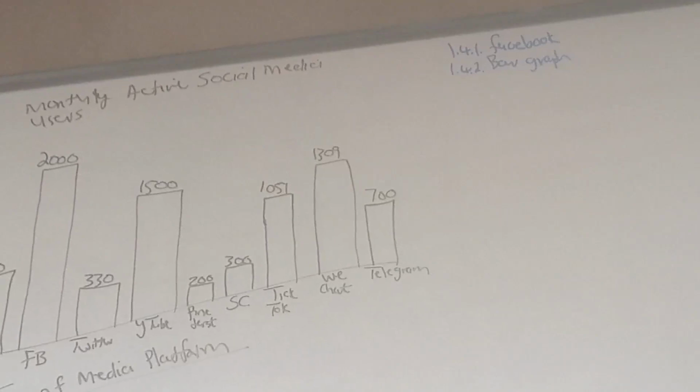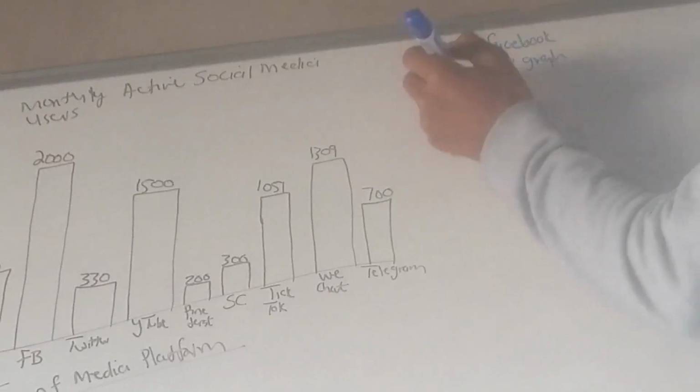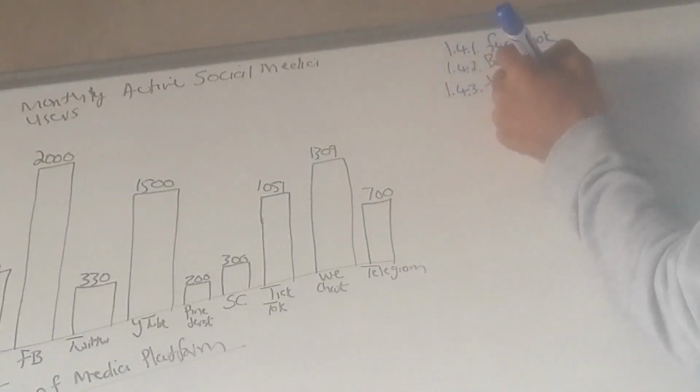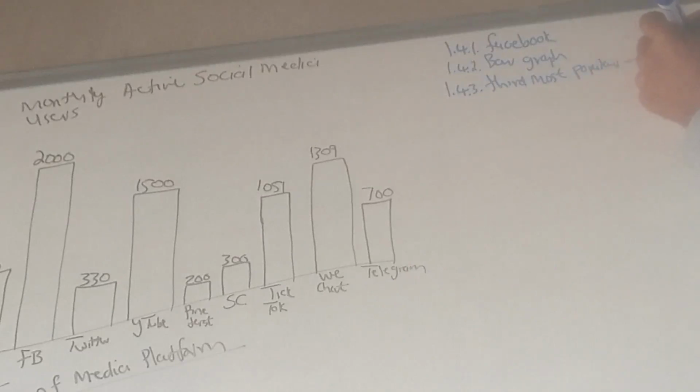Now remember the language here, it's very important. We are looking for the third most popular, and then we are subtracting the least popular. That's why I'm using subtraction, because difference is subtraction.